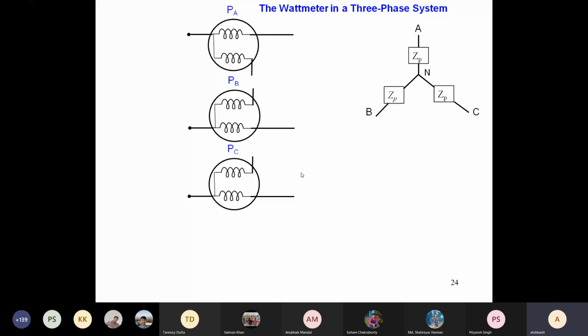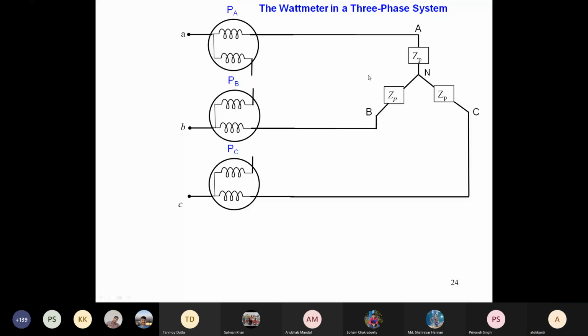What do we have to do next? We have to connect them. So we connect the 3 phases to the 3 wattmeters. All the current coils go to the individual phases, because the current coil should carry the current.